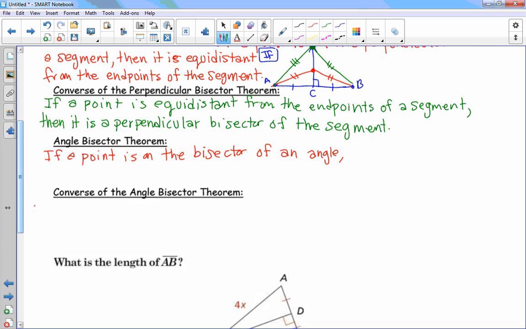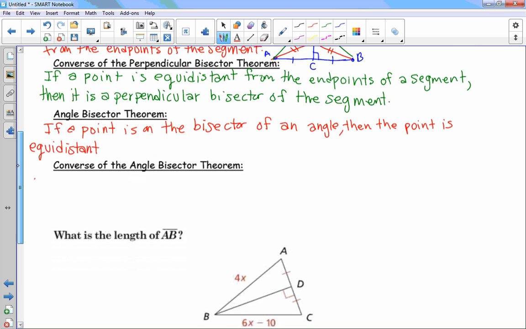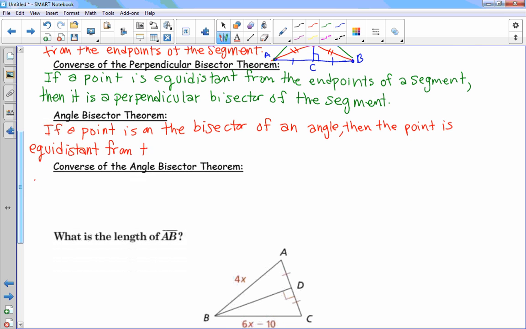That is similar to the perpendicular bisector. If a point is on the bisector of an angle, then the point is equidistant from the sides of the angle.